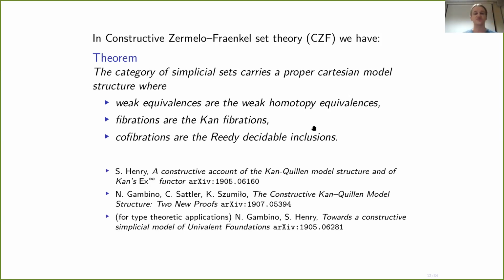Well, here are some references. This theorem was first proven by Simon Henry, and then shortly thereafter, in collaboration with Nicola Gambino and Christian Sattler, we produced two more proofs of this theorem. Everything that I'm saying from this point on is joint work with Nicola and Christian, and this is also inspired by work of Simon.